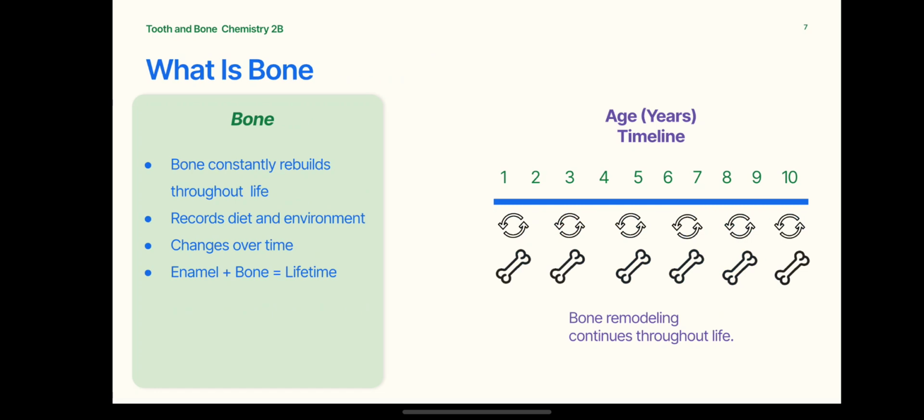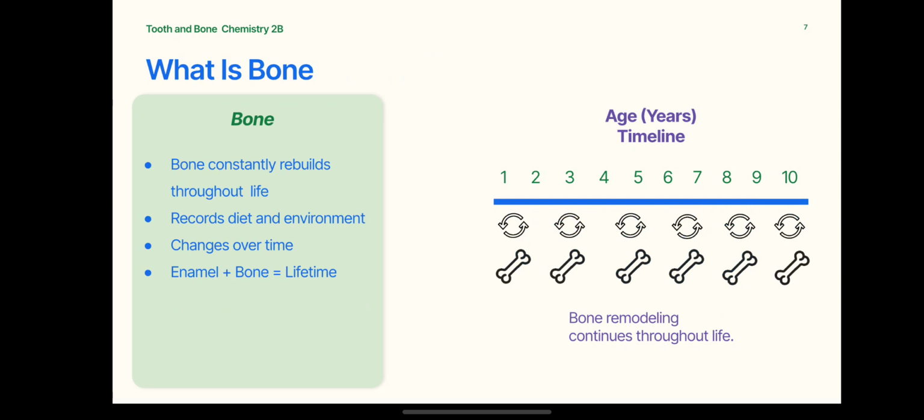Unlike enamel, bone isn't locked in place, but actually changes throughout your life. Bone is constantly remodeling itself. This means that the chemical signals in your bones reflect what you were eating and drinking more recently in time. If you look back at the timeline, you can see how bones keep updating as you get older, while enamel stays fixed.